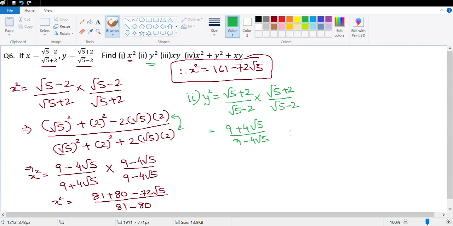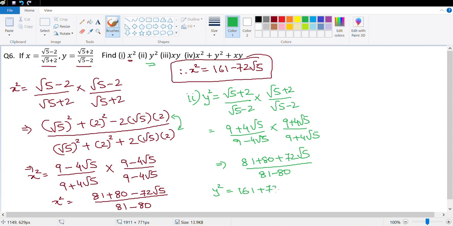And I will rationalize it. This will get rationalized by 9 plus 4 root 5 upon 9 plus 4 root 5. This becomes 81 plus 80 plus, that's 9 into 4, 36, that's 72 root 5. And the denominator is 81 minus 80, which means y square is equal to 161 plus 72 root 5. So that's the value of y square. The second part of the question done.